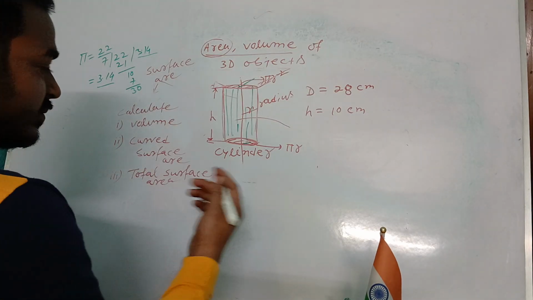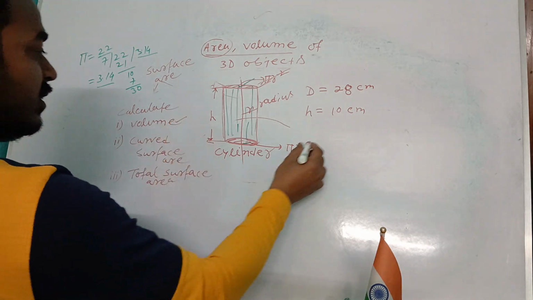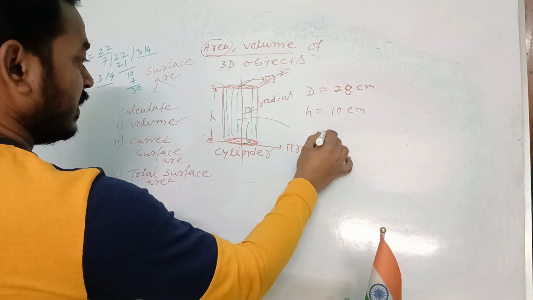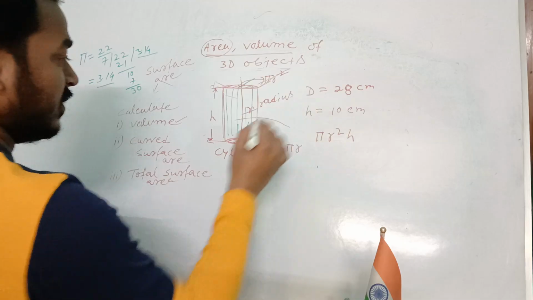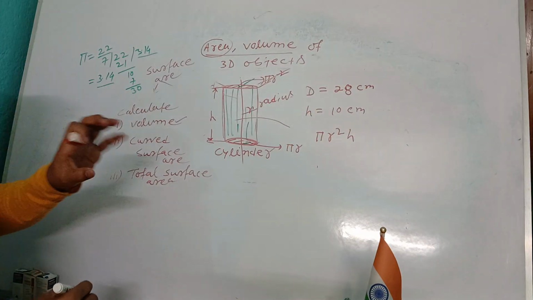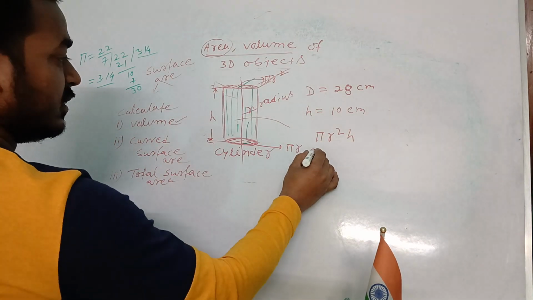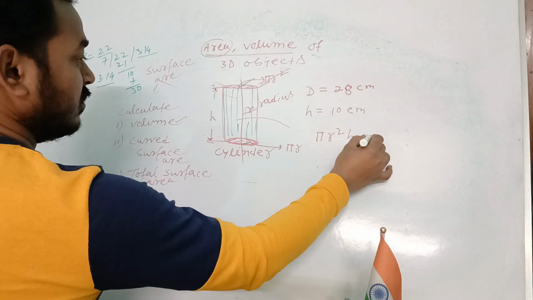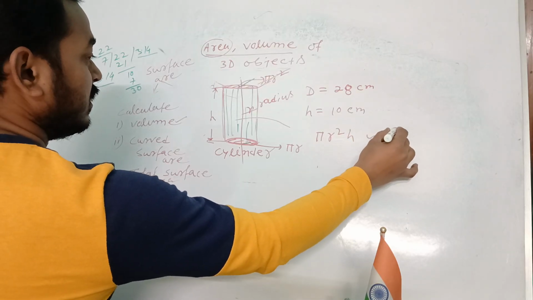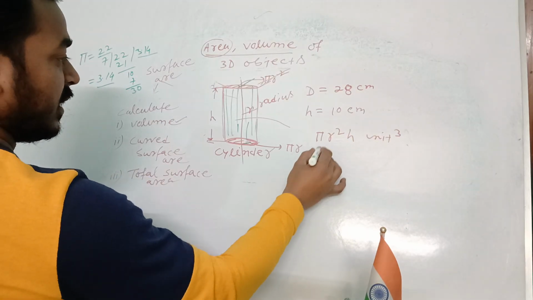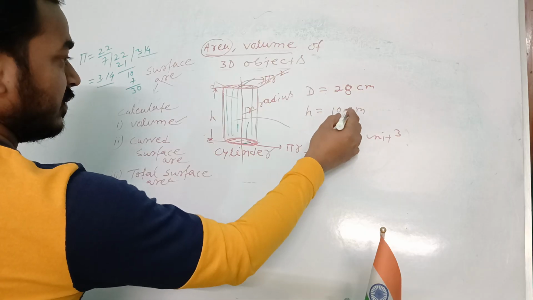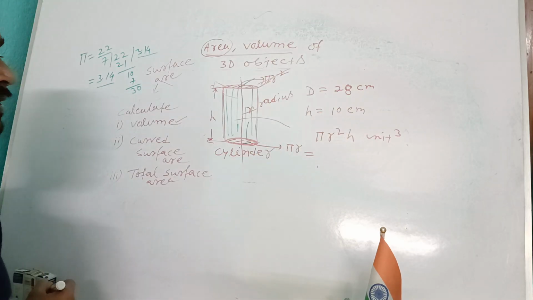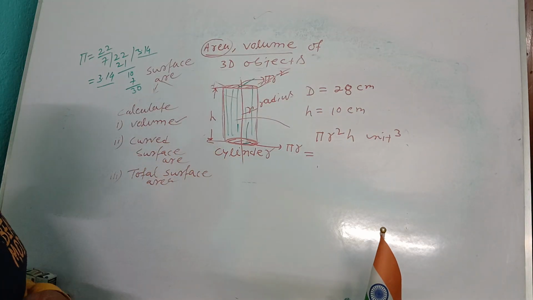Now, what is the volume? Volume is the pi r square h formula. So put the value of pi, put the value of r, put the value of h. So sir, r is not given.